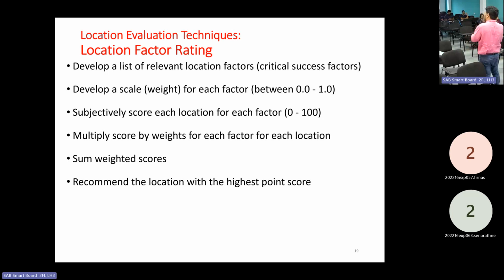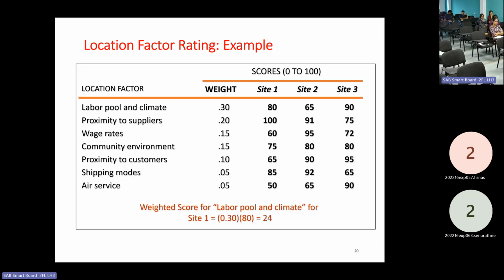Now, for each business, first of all, they need to identify a list of relevant factors, also known as critical success factors that determine the success of the business. Then, depending on the importance of the factor, a weight should be assigned, usually a value between 0 to 1. Now, what you see here in the next slide is an example.